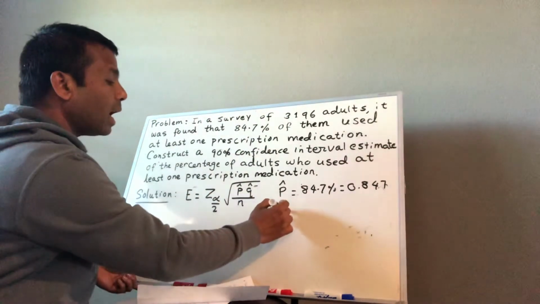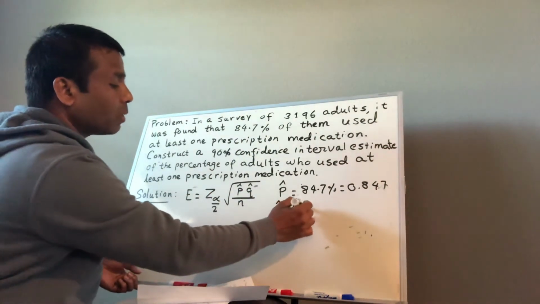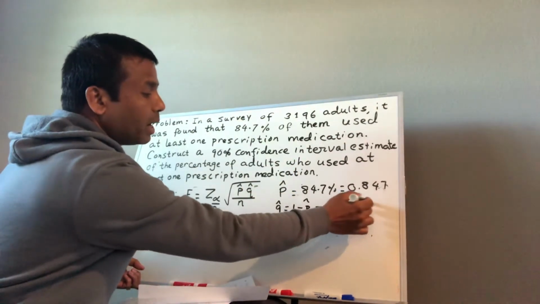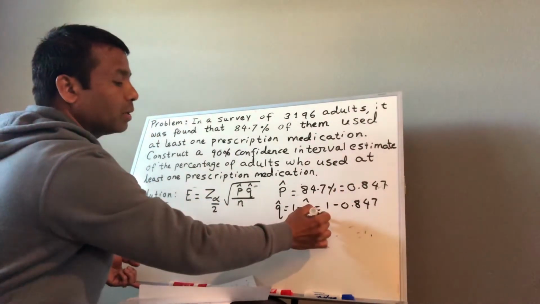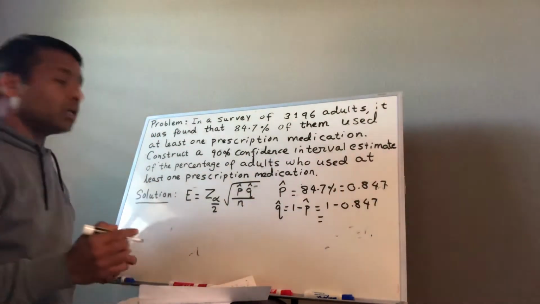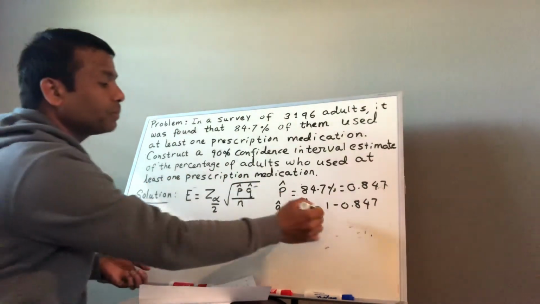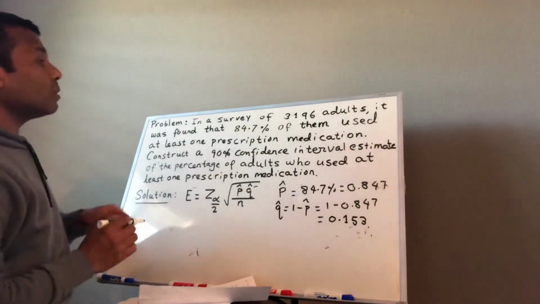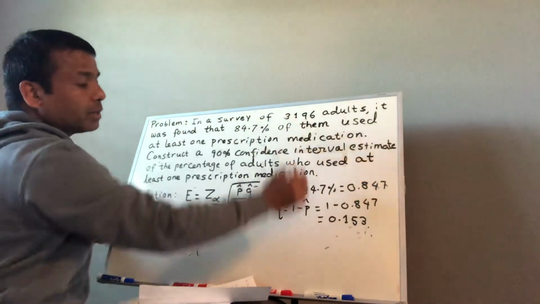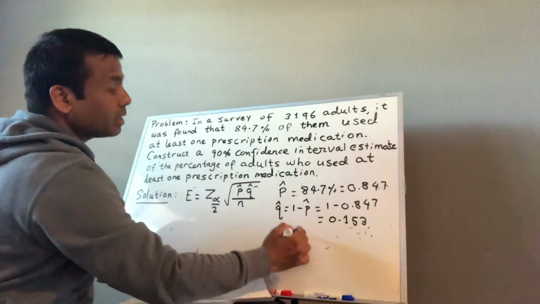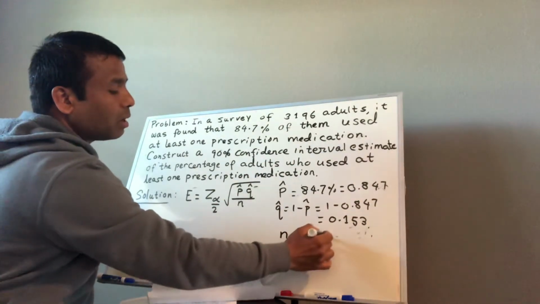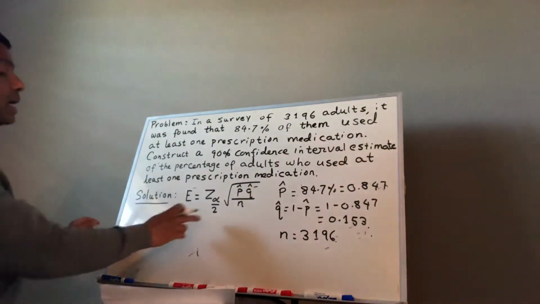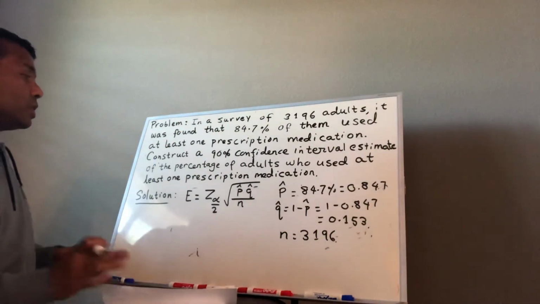Then q hat is defined as 1 minus p hat, which is 1 minus 0.847, so it's going to be 0.153. And we have the fixed number of trials, n, which is 3,196.